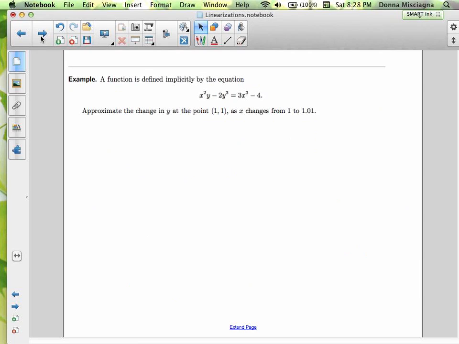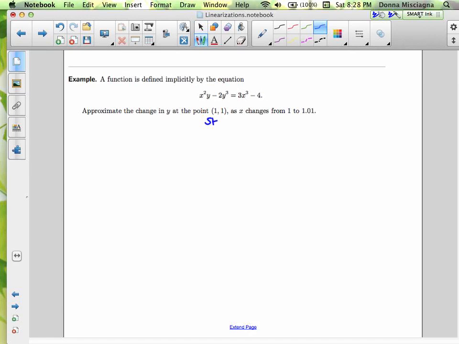We have a function defined implicitly by the equation x squared y minus 2y cubed equals 3x cubed minus 4. Approximate the change in y at the point 1, 1 as x changes from 1 to 1.01. Now when we go to plug it back in, we have an x and a y because there's an x and a y in the equation.